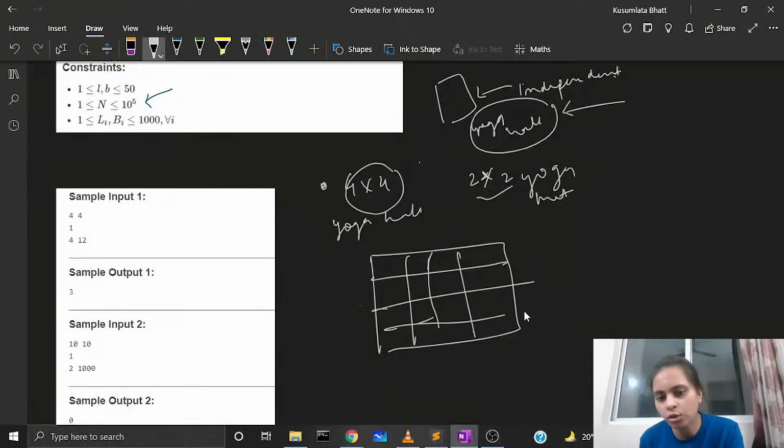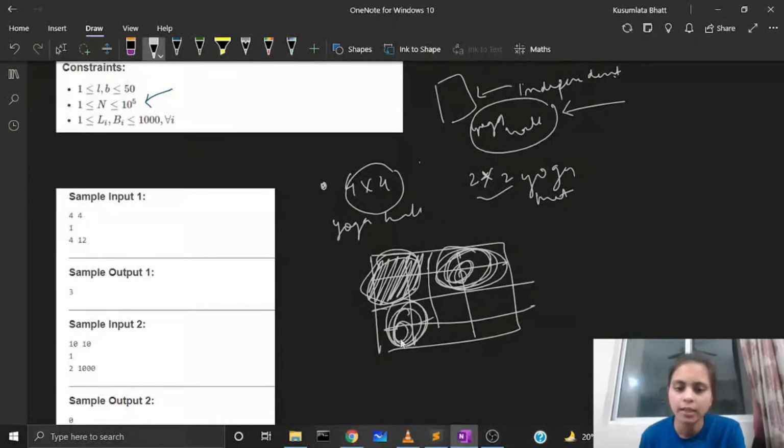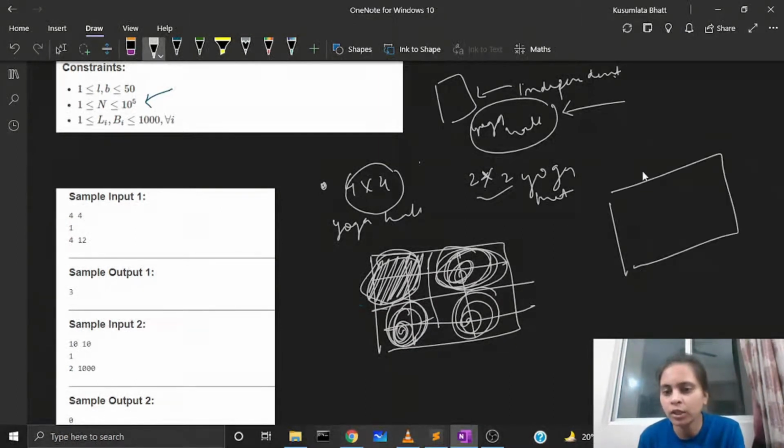In this case also, if we start from the corner, then we will be able to put one mat in these four grids and another mat in these four grids, the third one in this and the fourth one in this. And if we are not starting from any of the corners, then we will be keeping only one mat.